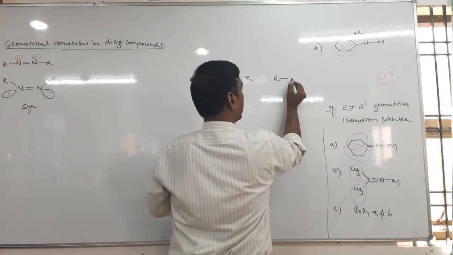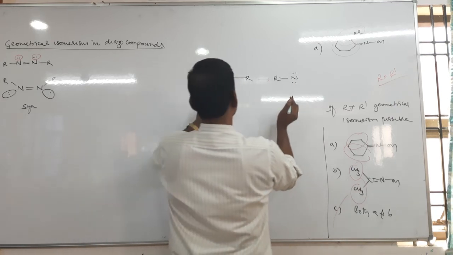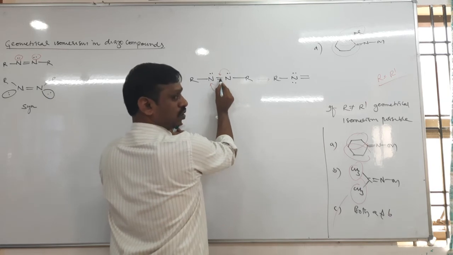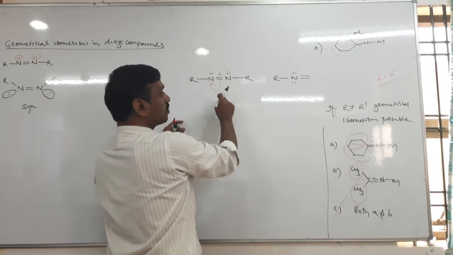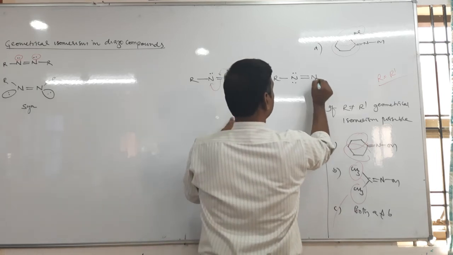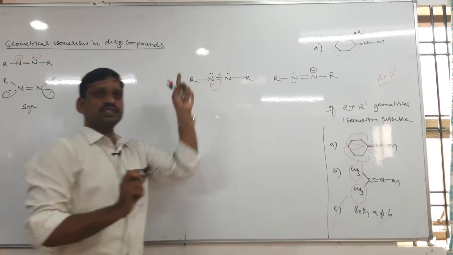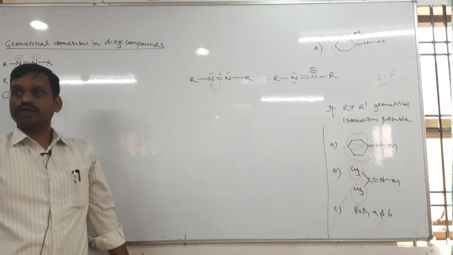If the lone pair shifted here, tell me what may be the possibility? R will be as it is, one lone pair. This one lone pair comes extra. Then this lone pair forms the bond, no? Again it becomes two bonds. One bond disappears, one bond appears. Then N is losing its lone pair. Tell me whether this structure is possible. Not. Why?